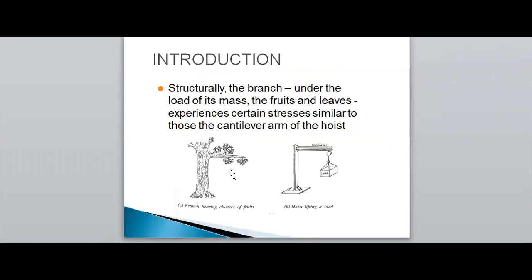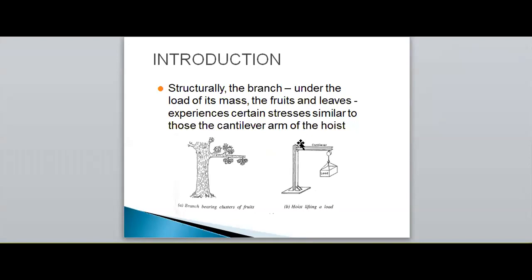Here we can see a tree and a branch. A load is applied on the branch. Therefore, stresses will be developed in the branch. We can see a similar diagram here.